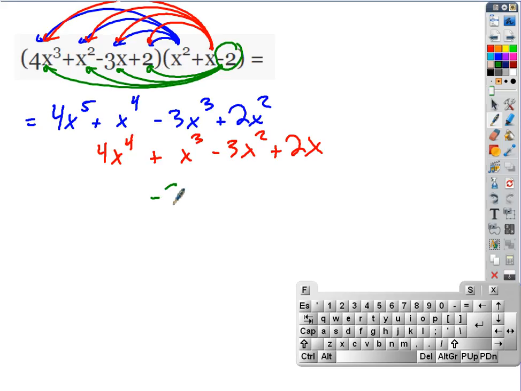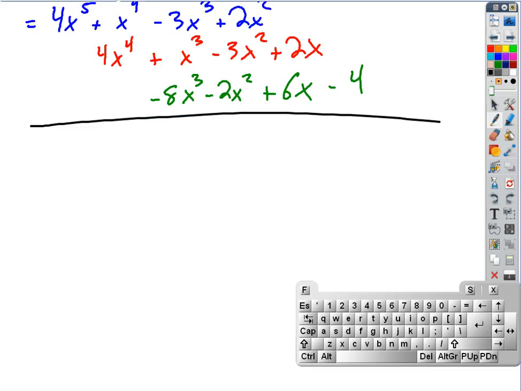Plus 6x. Okay, we just add them up. That's all you do. That's it. So plus 5x to the fifth.